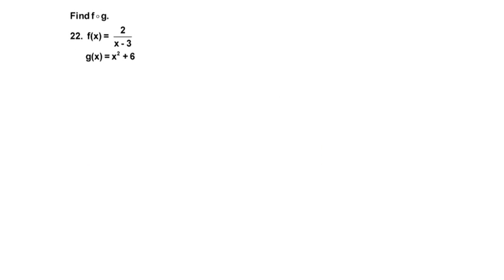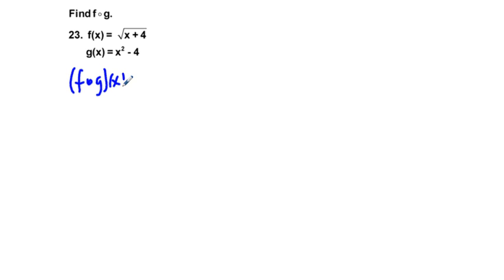Next on our problem, which is 23, we have f of x equals square root of quantity x plus 4, and g of x equals x squared minus 4. So f of g of x equals square root of, I'm going to leave a big space here in place of x and put plus 4 over the side.